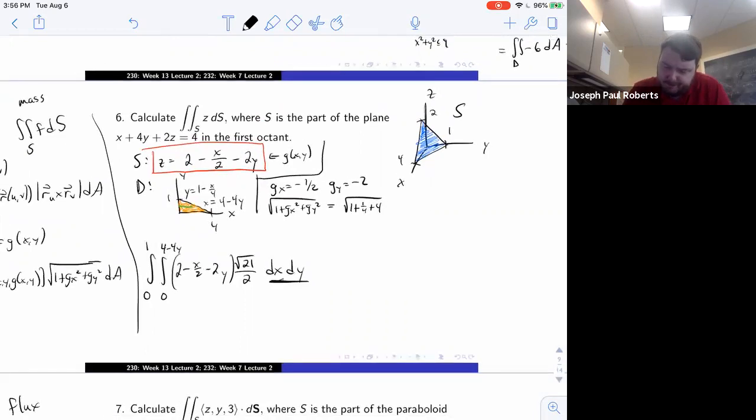But I have my root 21 over 2 out front. My x antiderivative is going to be what? 2x minus x squared over 4 minus 2xy between x equals 0 and x equals 4 minus 4y.